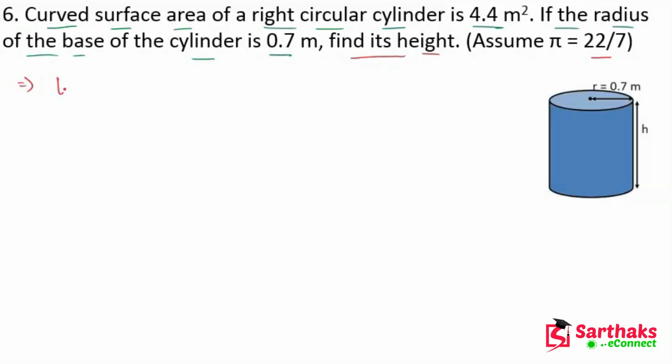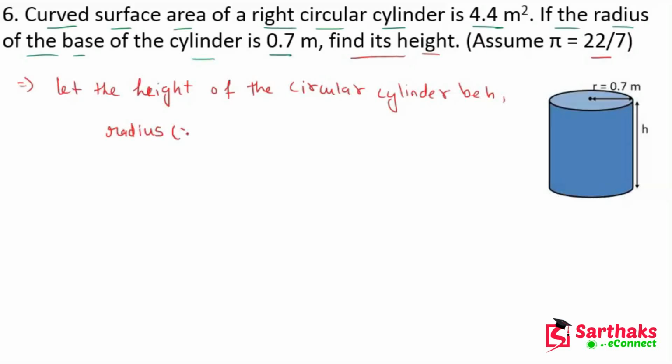Now let the height of the circular cylinder be h. We are assuming that. We know that radius r is equal to 0.7 meter.